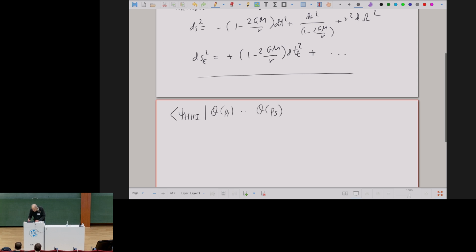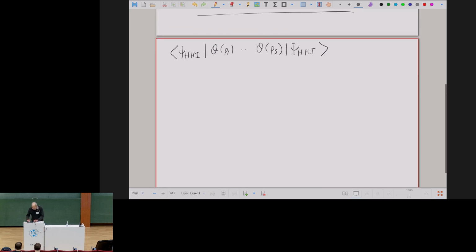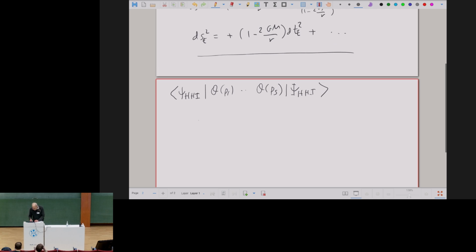So O is any local operator. It could be an elementary field, but it doesn't have to be. And the Hartle-Hawking Israel state is supposed to have the property that expectations in that state are just given by expectations in the Euclidean Schwarzschild solution. Except I'll call this state psi prime because it's unnormalized.